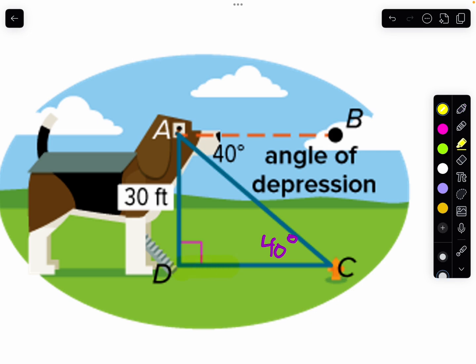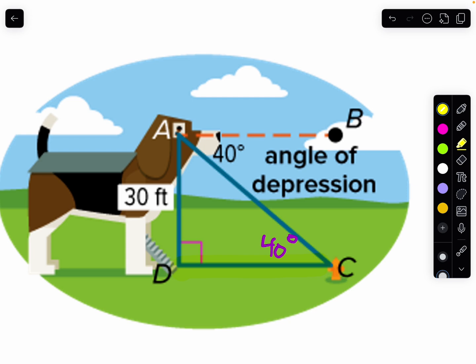Whenever you model angle of elevation, angle of depression, notice that's kind of like the angle of elevation from the fire hydrant to the beagle. So whenever you model angle of elevation, angle of depression with a right triangle, you model it with the horizontal line.